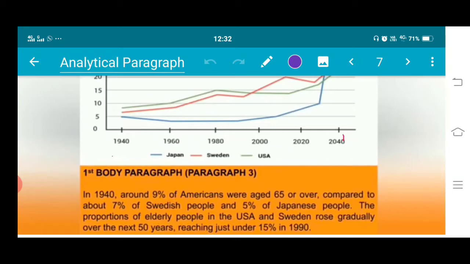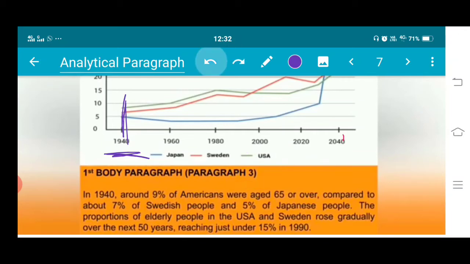In 1940, we are talking about here in the starting, around 9% of Americans were aged. So Americans I have taken to mean the people who are living in USA, right? So these things I have added from my side. So in 1940 around 9% of Americans were aged 65 or over, compared to about 7% of Swedish.